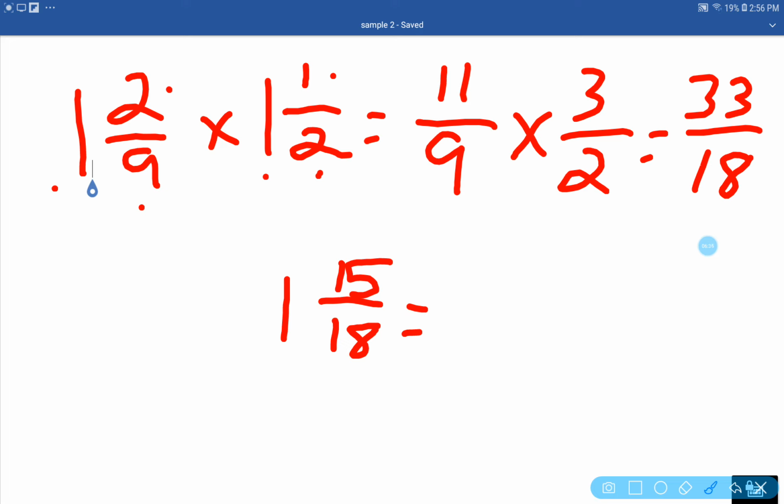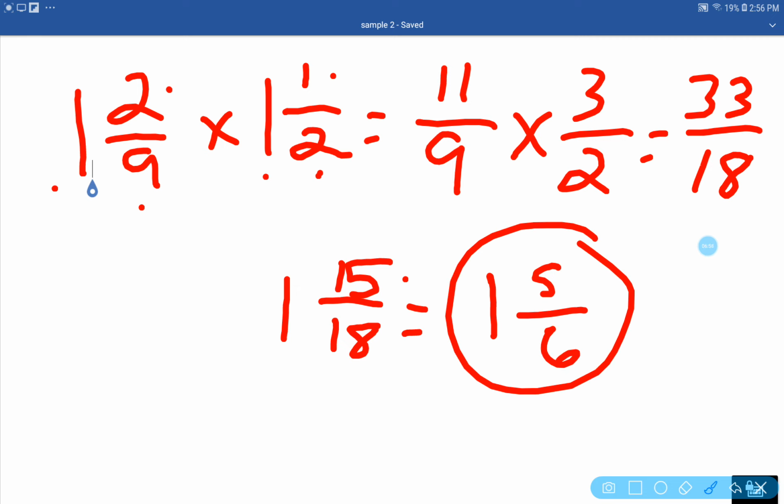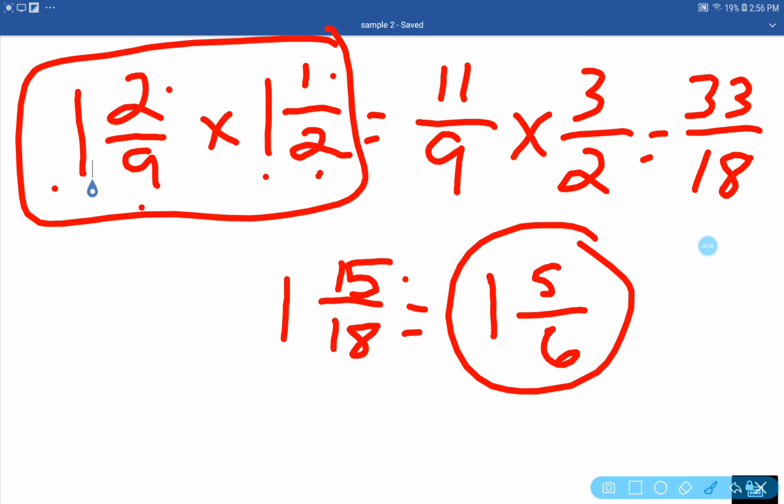And that's going to reduce down. We can reduce that down. All right, so we can take 3 out of that. So that'll be 3 into 15 goes 5 times. 3 into 18 goes 6. So that is your final answer. So this problem equals this.